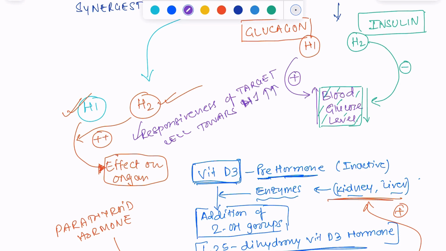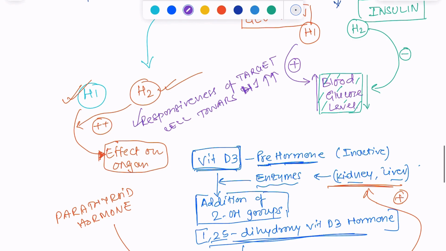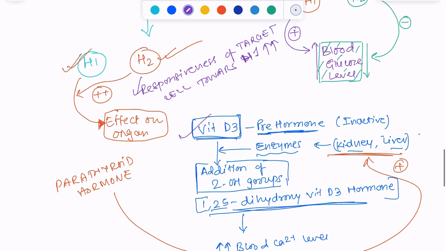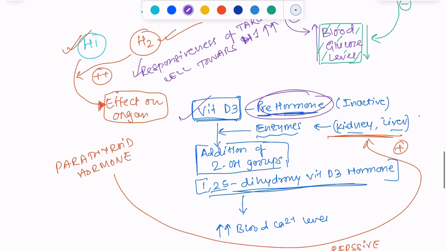Okay, so there was vitamin D3 present in the pre-hormone state, and it gets modified and activated, and it increases the blood calcium level. That is the effect of vitamin D3.